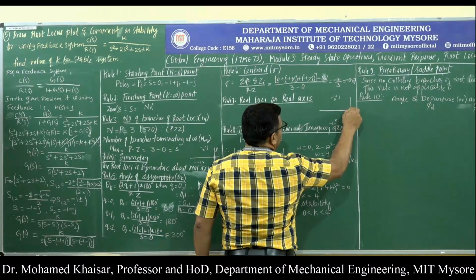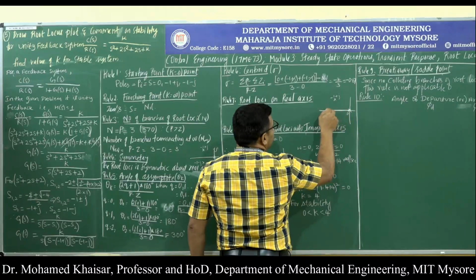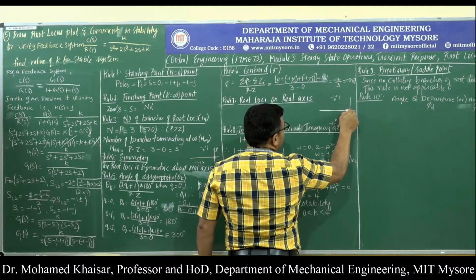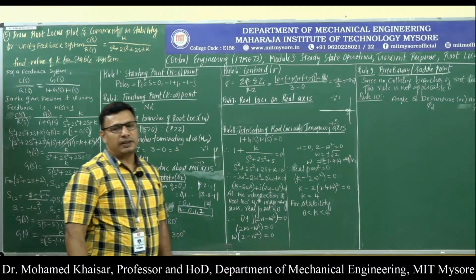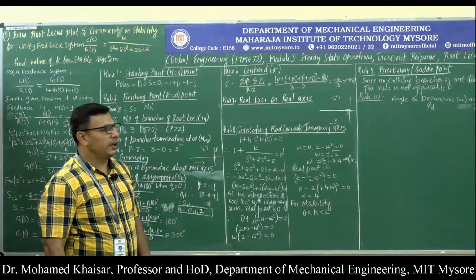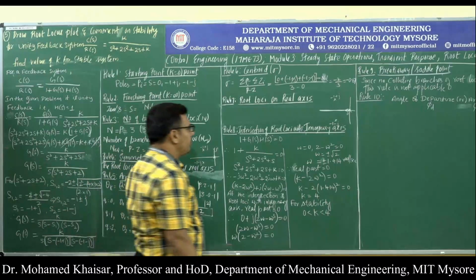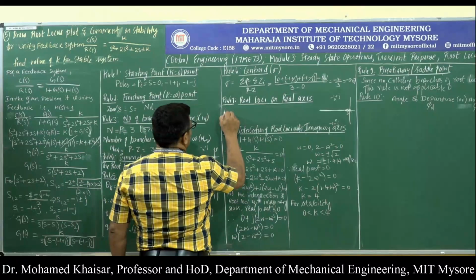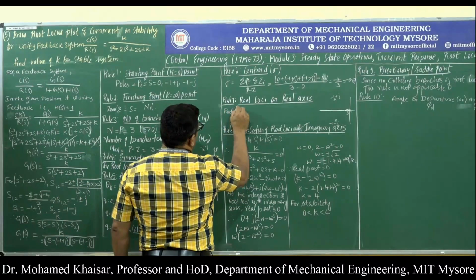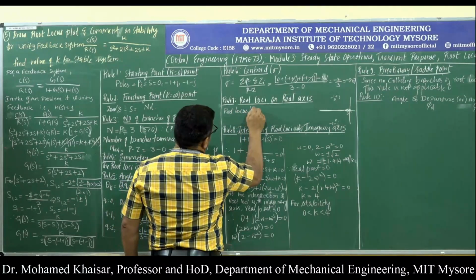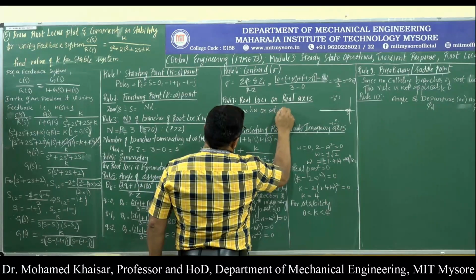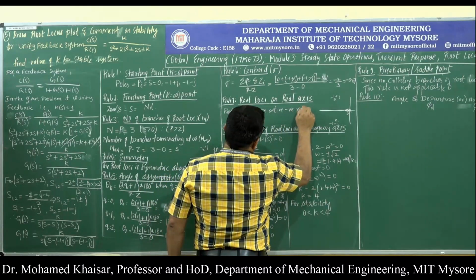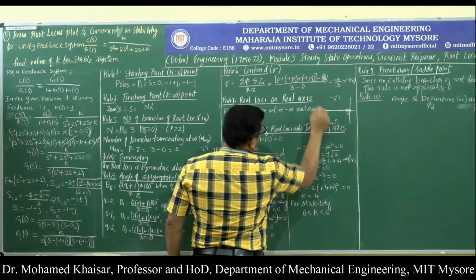So root loci lies on the entire negative real axis. So starting point will be 0 and it goes towards minus infinity on the negative real axis. So the root locus lies on the entire negative real axis.